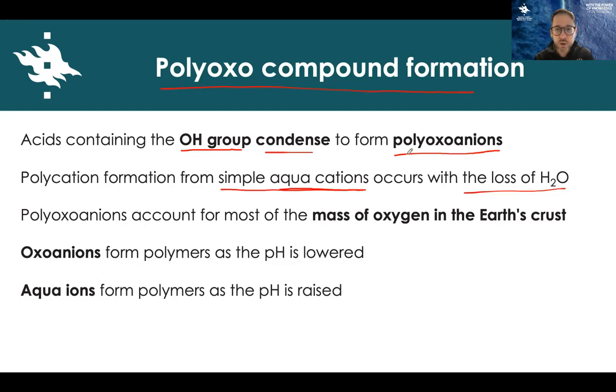These polyoxo anions are very important because this kind of compound is normally found in the Earth's crust. Several minerals are based on polyoxo anions, and they account for most of the mass of oxygen in the Earth's crust.